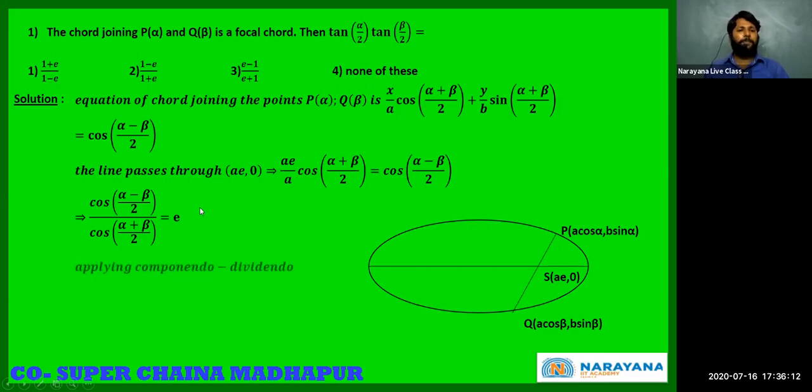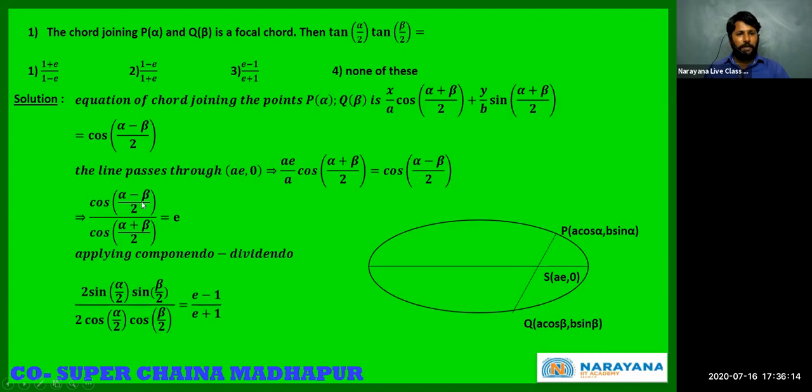What do we get? If you add cos((alpha-beta)/2) and cos((alpha+beta)/2), we get 2 cos(alpha/2) cos(beta/2). I'm sorry, if you subtract the two, you will have 2 sin(alpha/2) sin(beta/2), and if you add the two, you will get 2 cos(alpha/2) cos(beta/2).